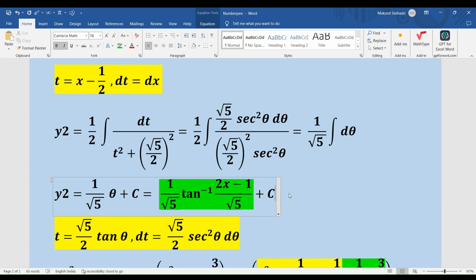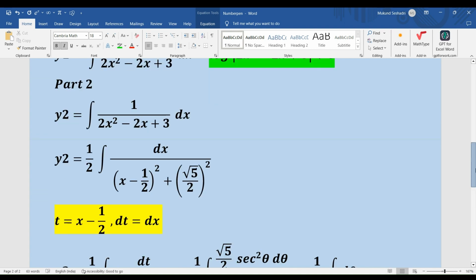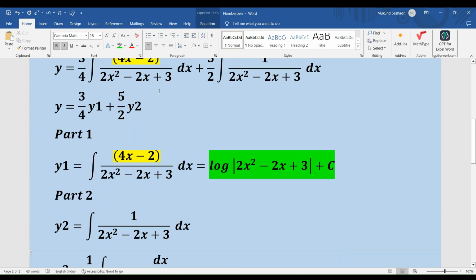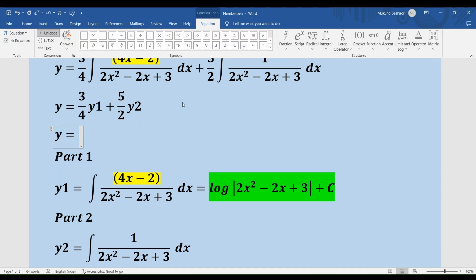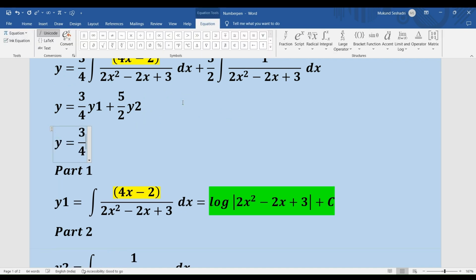So now we go back to our y, and I know that we expressed our y in terms of y1 and y2. So my y is nothing but 3 by 4 times y1, right? That's the first part of your y. So what happens is my first part becomes 3 by 4 times log of mod of 2x square minus 2x plus 3.